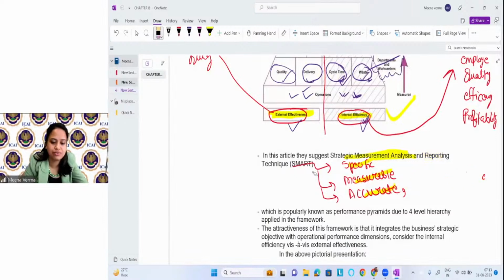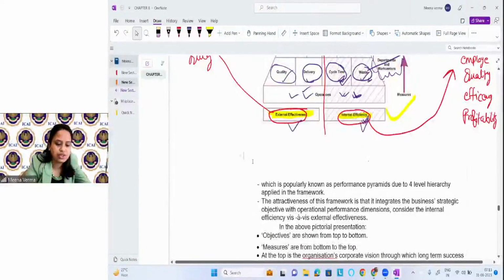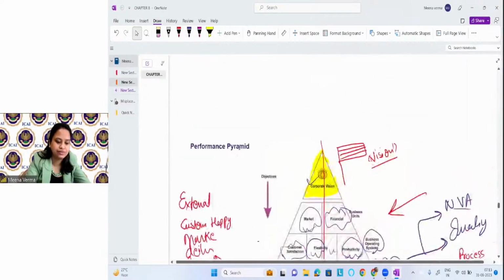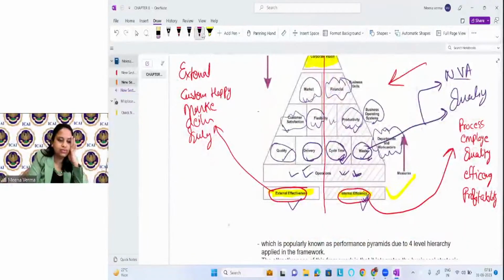What else do you have here, ma'am? Okay. Acha. Now they have mentioned it is a 4-level hierarchy applied in a framework. So you can see the 4-level hierarchy here. I can show you. First is the operation level, which includes the internal and external points.